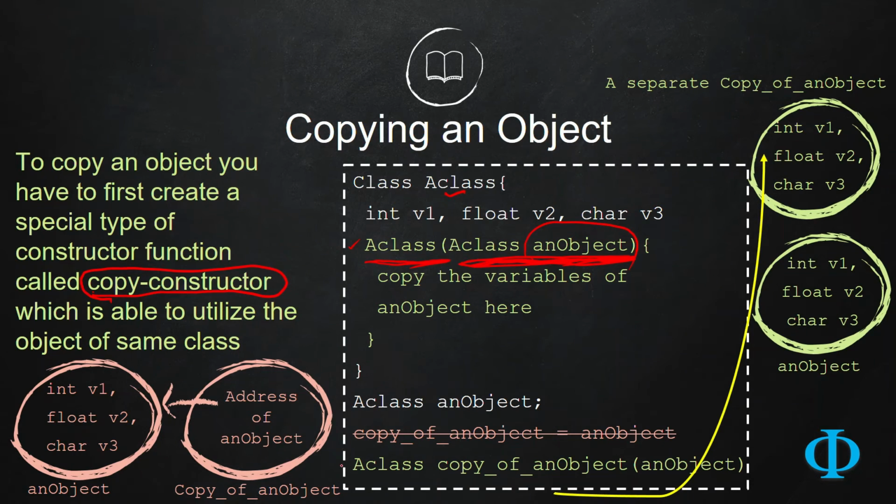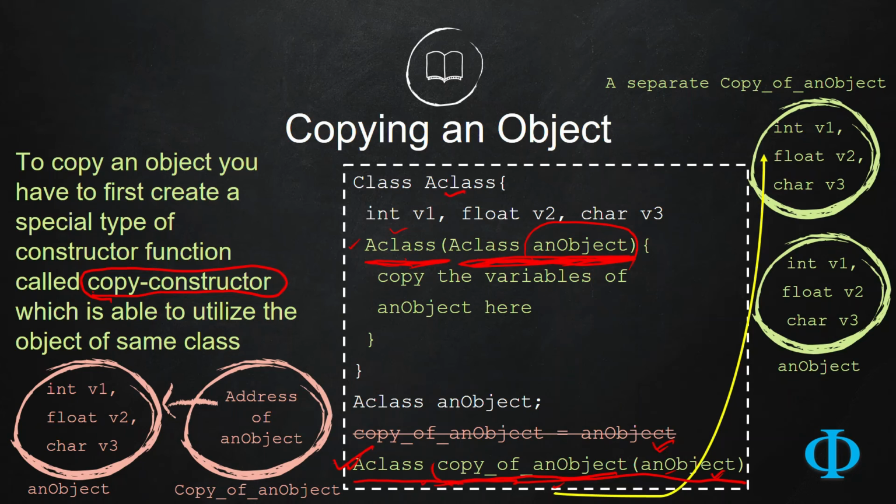So whenever you are calling the copy constructor like in this line, creating an object by passing the object of the same class which you want to copy, it calls the copy constructor of that class, and by means of the constructor function, this line creates a new object, and by passing the original object as a parameter to this function, you are creating a copy of the original object.